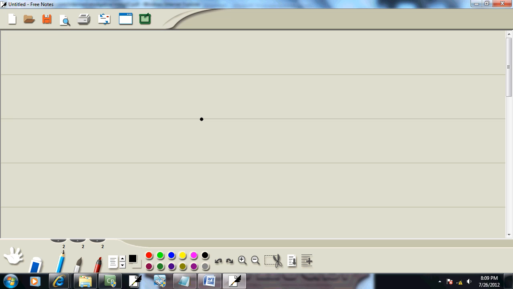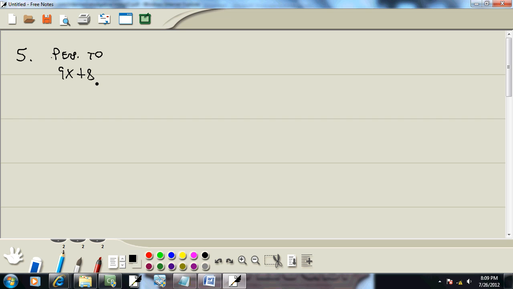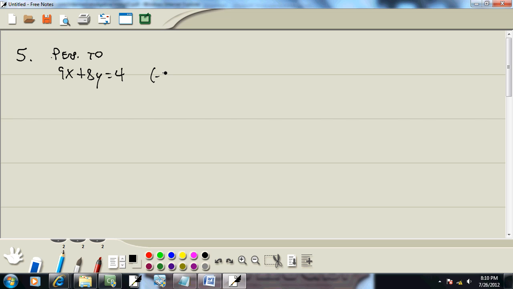Okay, so let's work this one. So it's perpendicular to 9x plus 8y equals 4. And it passes through the point -3, -4.